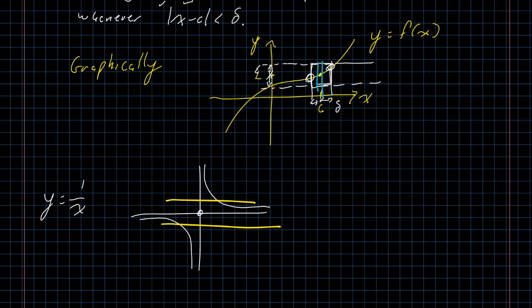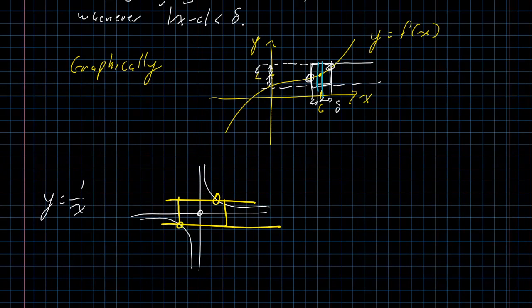it does not matter how narrow or wide I draw my box here. It is impossible to find a window where the graph does not exit through the top and through the bottom.